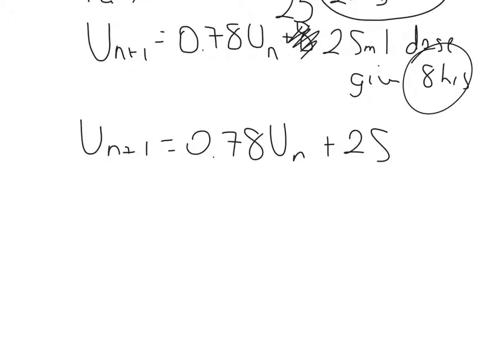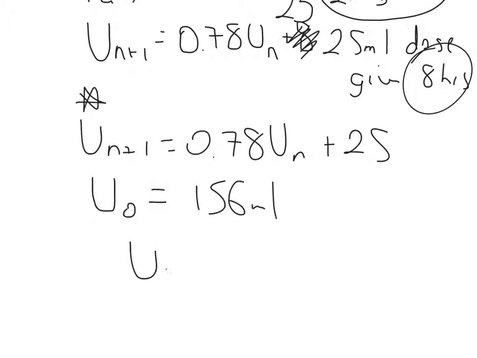Okay, the question then says calculate the amount of drug remaining after 4 hours. Well, this recurrence relation is set up to repeat every 8 hours. So we can say that u0 is the initial value, which was 156 millilitres.